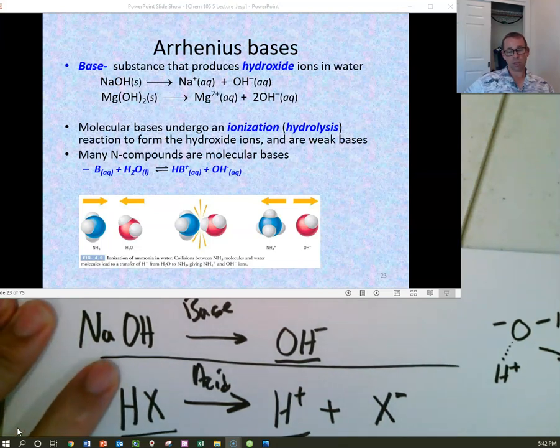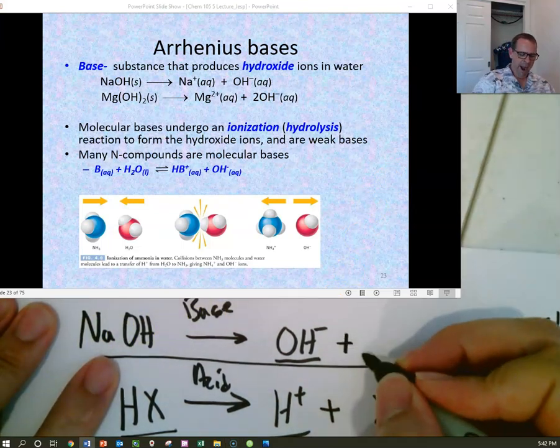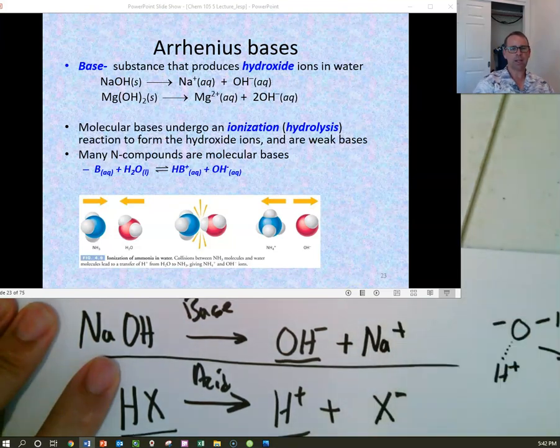Sodium hydroxide, we can look at our solubility rules, and the solubility rules will tell us that all compounds containing sodium are soluble. Therefore, sodium hydroxide into water, and you get the hydroxide and the sodium ion.